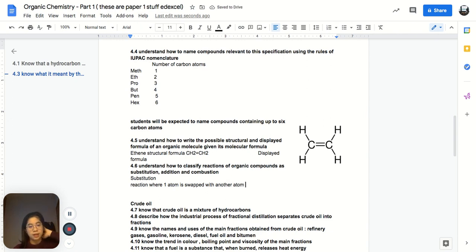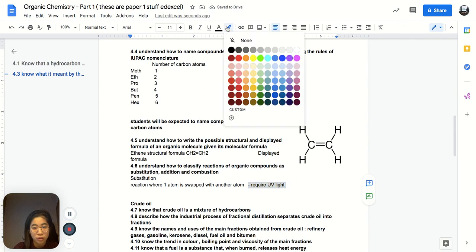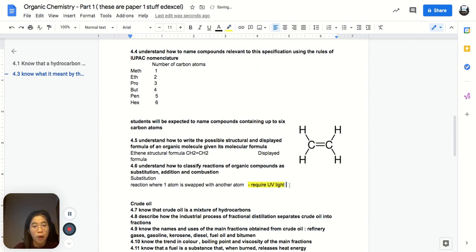So that's basically the definition. And this is really important. This reaction is really interesting because it requires UV light for it to happen. So I'm gonna highlight this in yellow highlighter so that you guys remember that it requires UV light to happen.